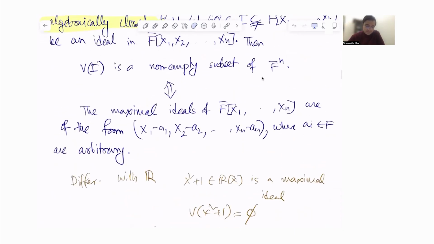In other words, if you take a non-zero ideal which is not the whole ring in C[x1, x2, ..., xn], then the zero set of that ideal is a non-empty subset of F^n, where F is an algebraically closed field, not necessarily C.